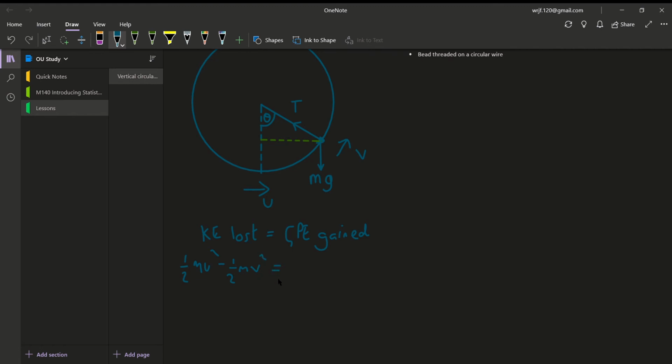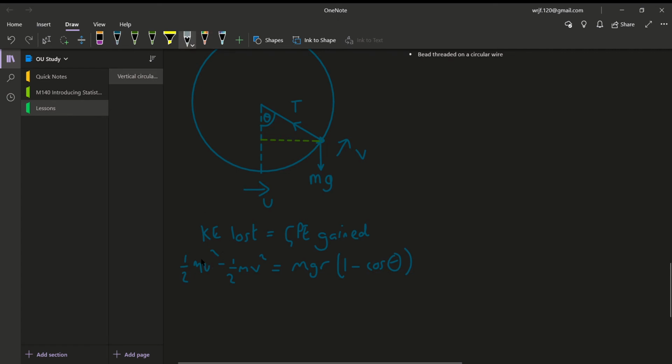And GPE gained, I'm just going to take this straight from the previous video, we had as being mgr, where r is the radius of the circle, and then we open up a bracket and have inside our bracket 1 minus cos theta, where theta is the angle that the rod has turned through from the bottom. So here's our equation, our energy equation in the most general sense for this sort of situation.